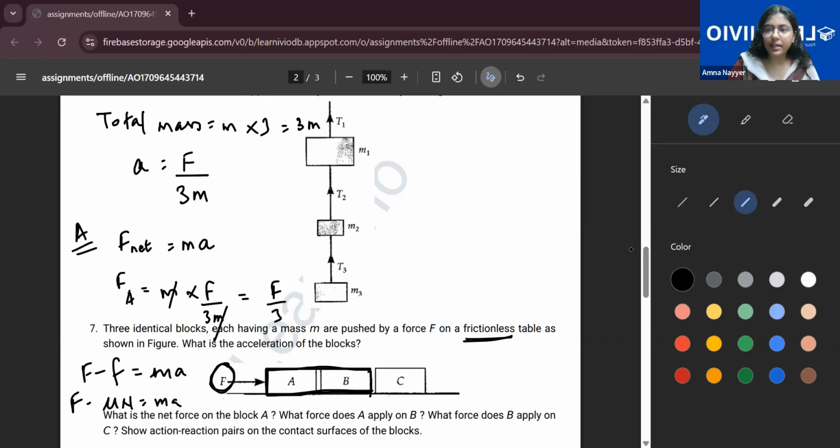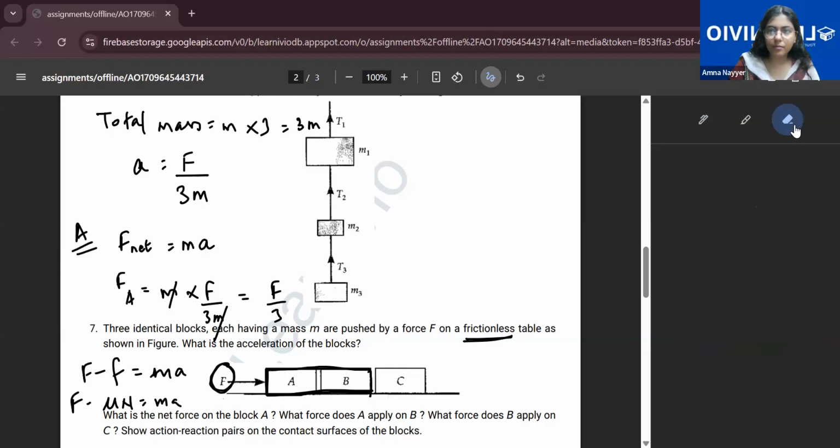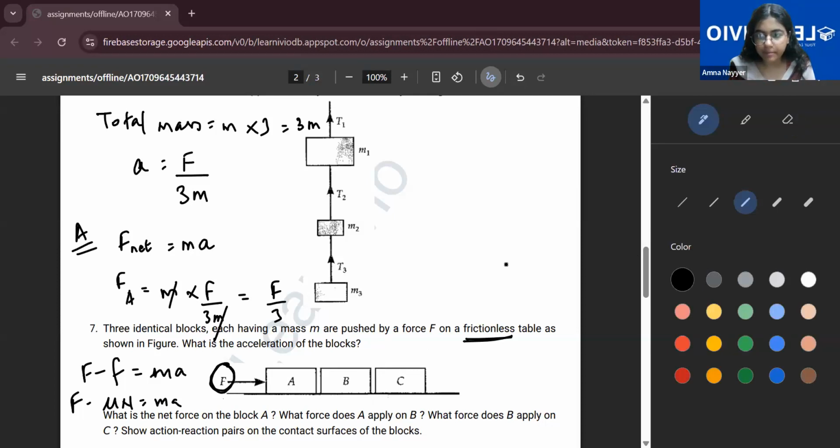Look, I want to find out the force on block B, the force that A applies on B.